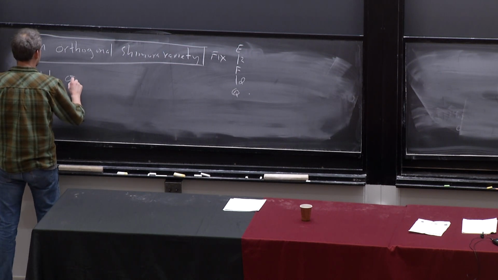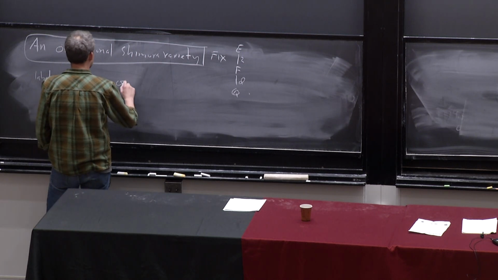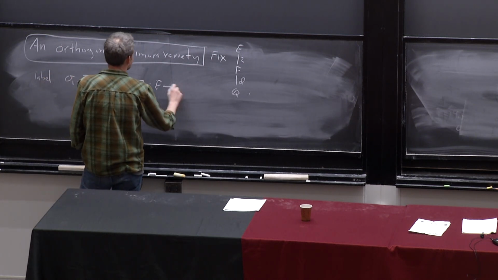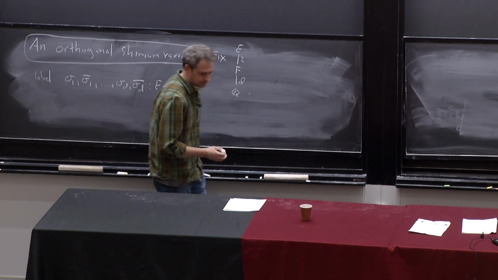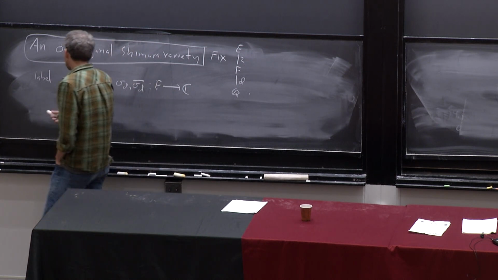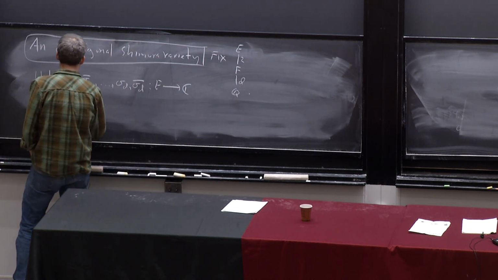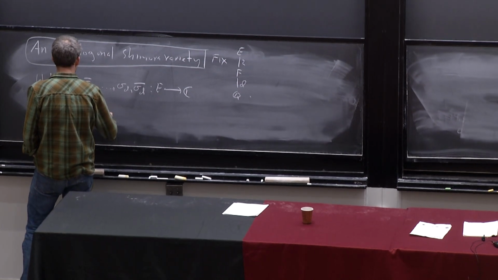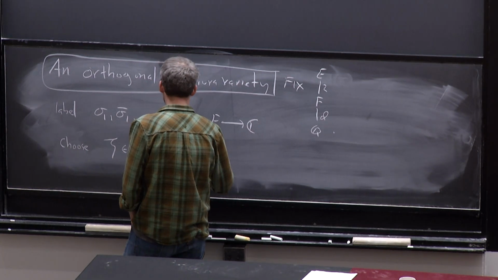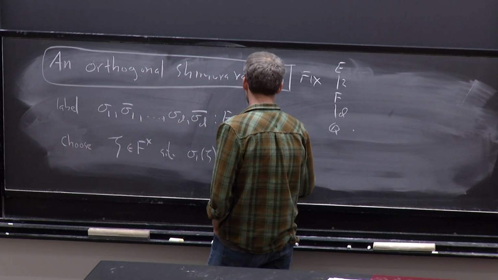So there's going to be a sigma 1 and then its complex conjugate all the way down to sigma D and its complex conjugate. Those are going to be all the embeddings of E into C. And I'm going to choose, it's an arbitrary choice, some element Xi in F cross that's negative at the first embedding, but positive at all of the others.